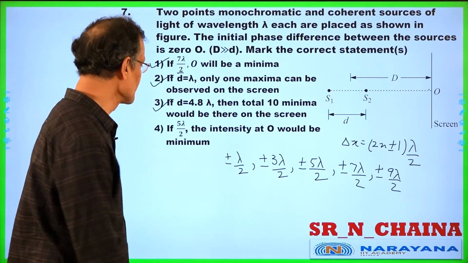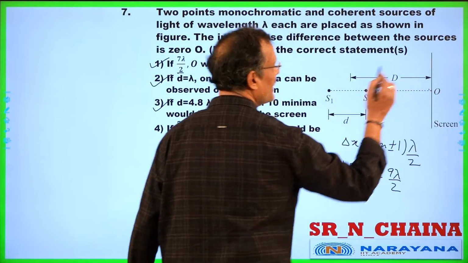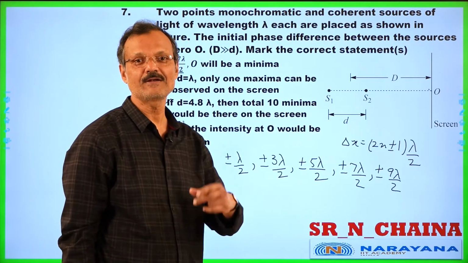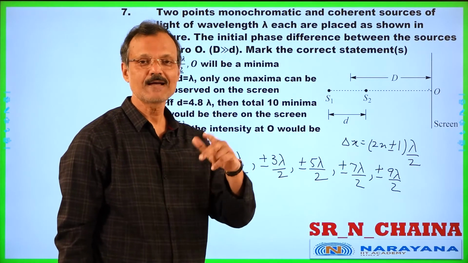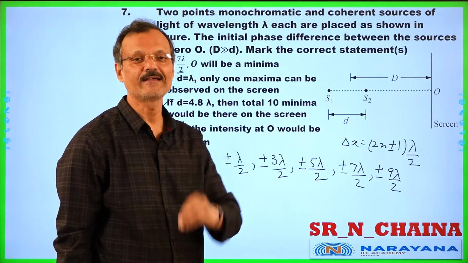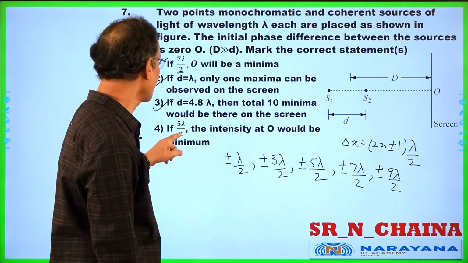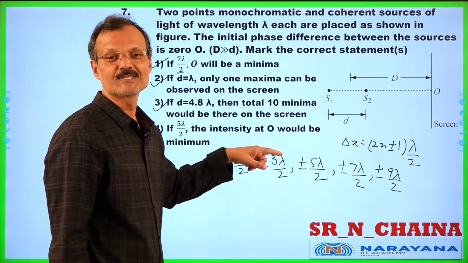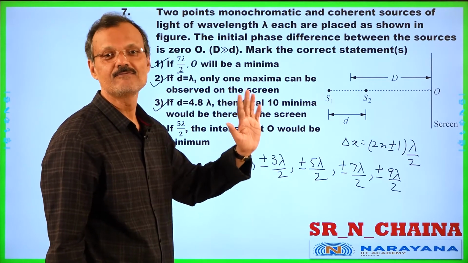Here 5 lambda by 2 gives 1, plus minus 3 lambda by 2 gives 2, plus minus lambda by 2 gives 2. Total how many? 5. If 5 lambda by 2, the number of minima on the screen is 5.